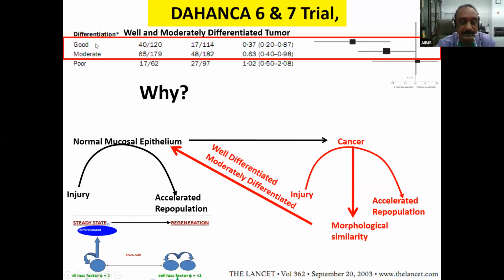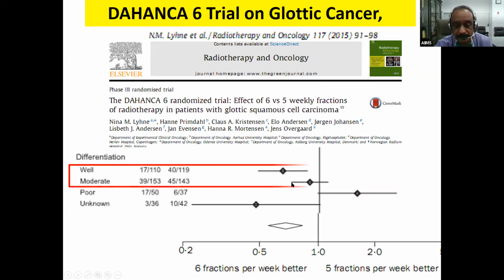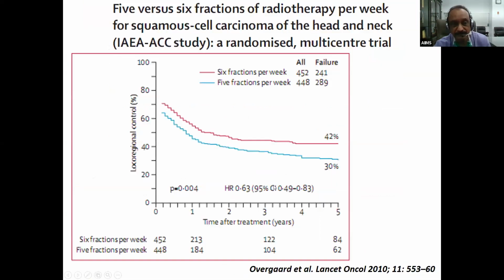So that is the reason that we get better results in well and moderately differentiated tumors, but not in poorly differentiated tumors. Indirectly, the authors suggest that accelerated repopulation is only observed in well differentiated tumors and to some extent moderately differentiated tumors. Now, the same observation they made in a more recent publication, the DAHANCA 6 trial: when you reduce the overall treatment time by 7 days, it only benefits the well and moderately differentiated tumors, but not poorly differentiated tumors.